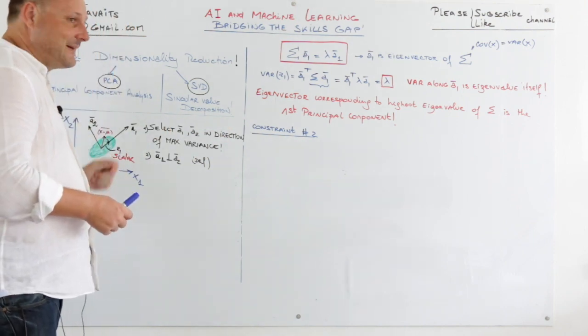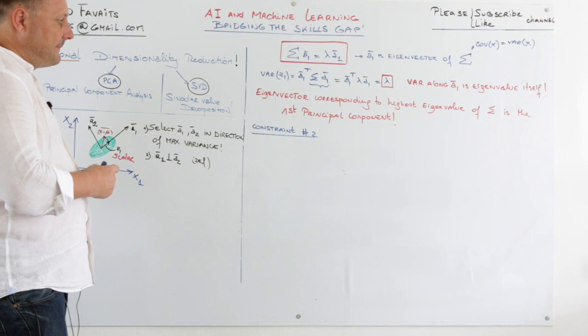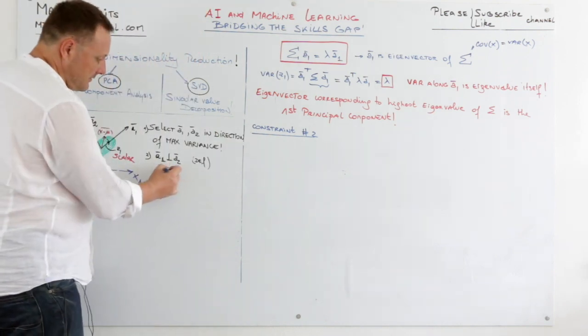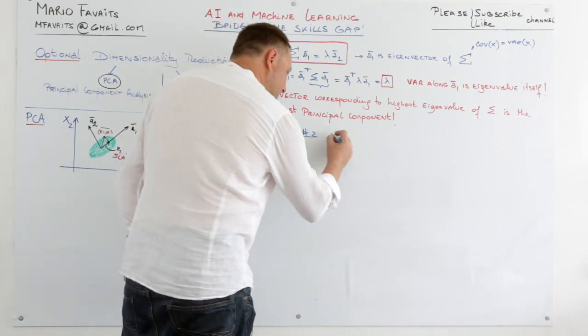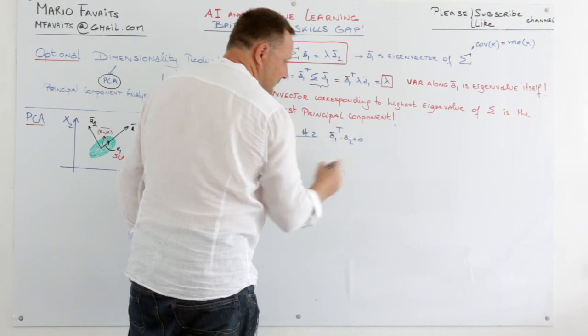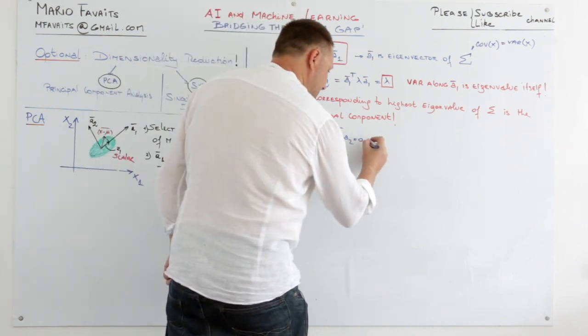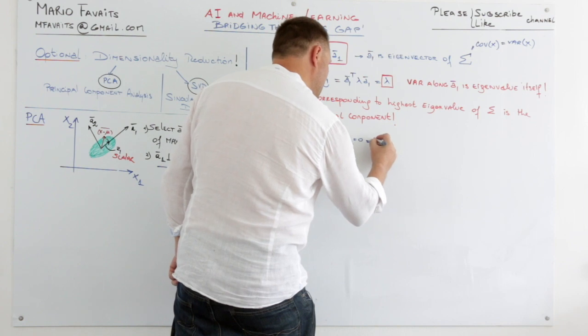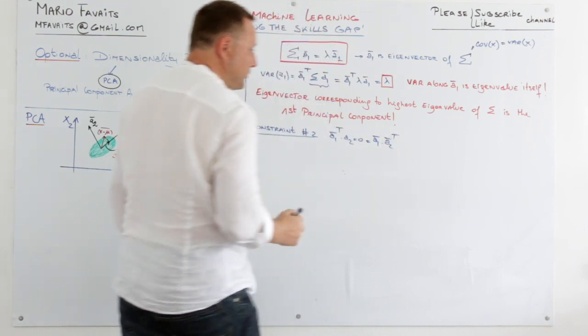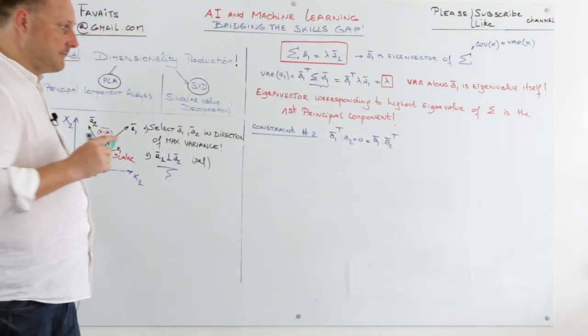Now we're going to try to find the second principal component. And there is a second constraint. Remember here? So the second constraint is that A1 transpose A2 equals 0. Is the same thing as A1 dot product A2 transpose. It's the same.